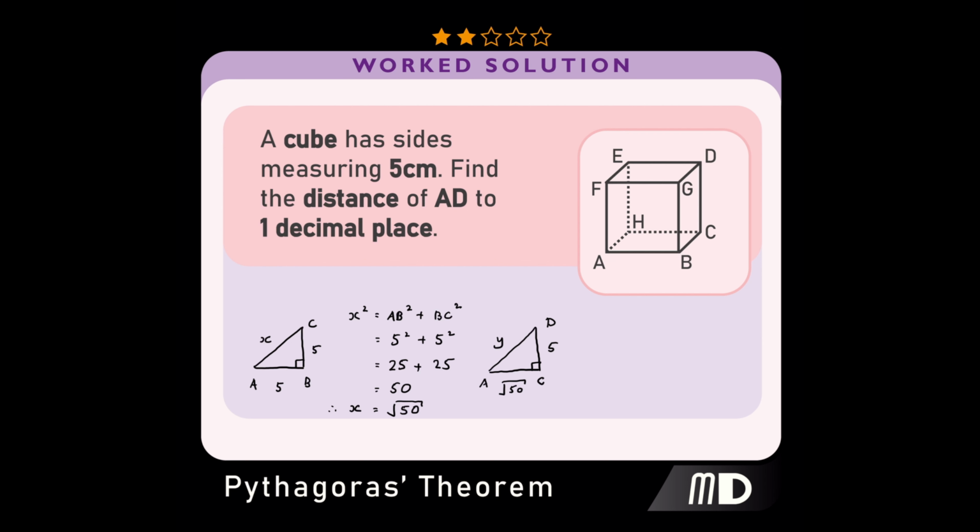Applying Pythagoras' theorem, y squared is equal to AC squared plus CD squared, which is the square root of 50 squared plus 5 squared. 5 squared is equal to 25, and the square root of 50 squared is equal to 50.